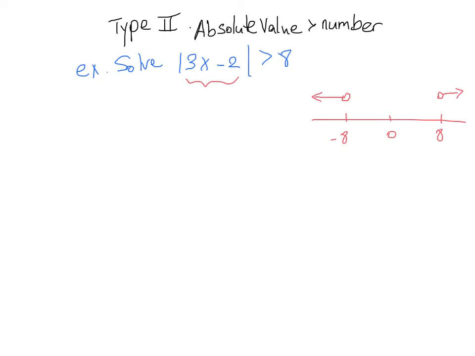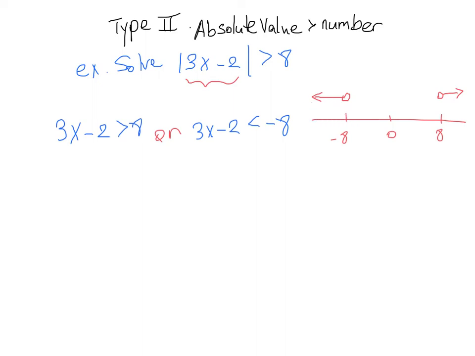So the numbers over here have a distance of more than 8 from 0, and the numbers over here also have a distance of more than 8 from 0, which means that our inequality for that greater than sign then turns into two inequalities, and they are 3x minus 2 is greater than 8, which makes sense based on that, or, on the other hand, 3x minus 2 is less than negative 8, which also makes sense because the numbers could be on this side, less than negative 8.